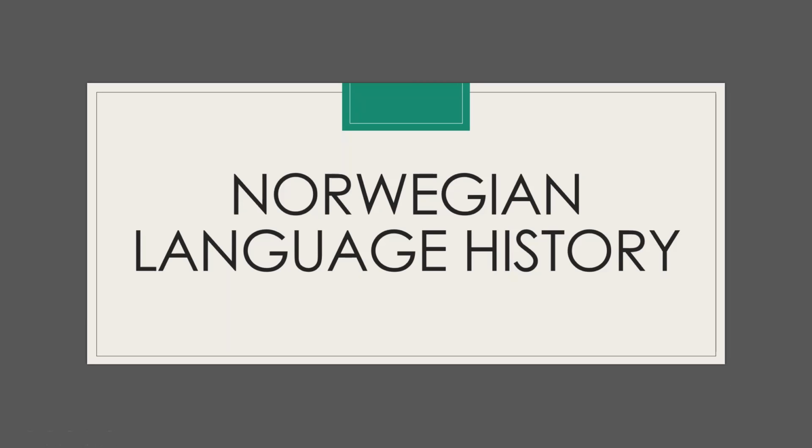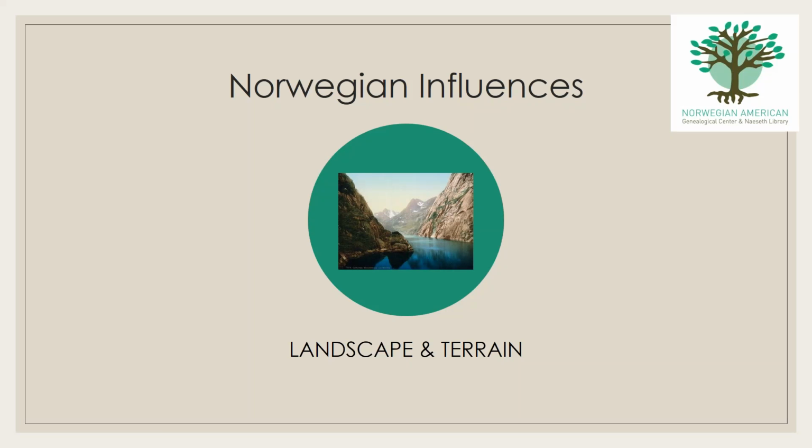Now, the Norwegian language itself and the history of the evolution of that language contributes a lot to the variety that we see in spelling. One of the things that has heavily influenced the development of the Norwegian language is the landscape of Norway.